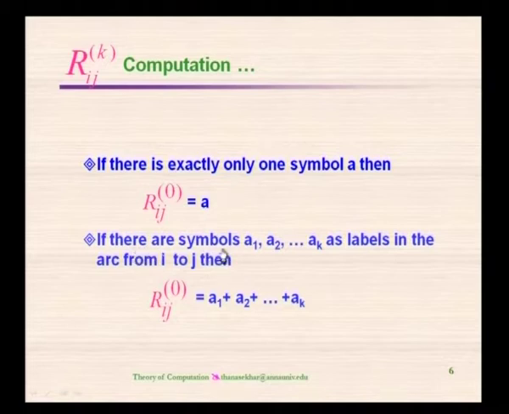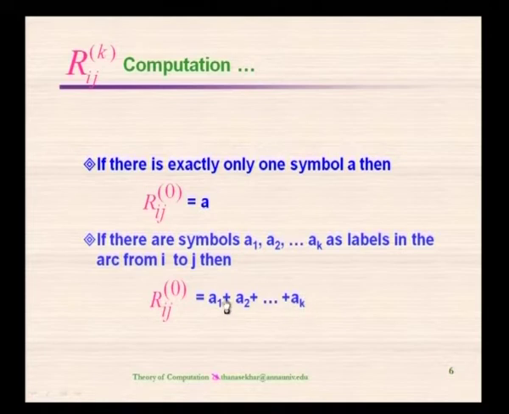So, if there are symbols a1 comma a2 comma a3 up to ak as labels in the arc from i to j, then still the pattern is described by the same notation R i j with the superscript 0, but the regular expression is a1 or a2 or a3 or a4 etc. up to ak.